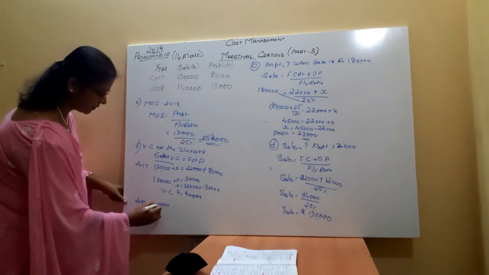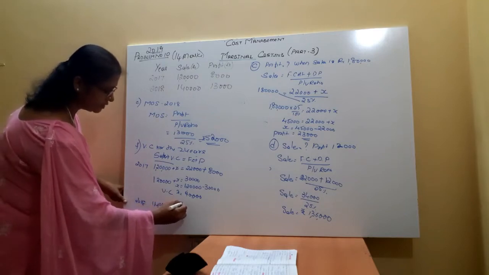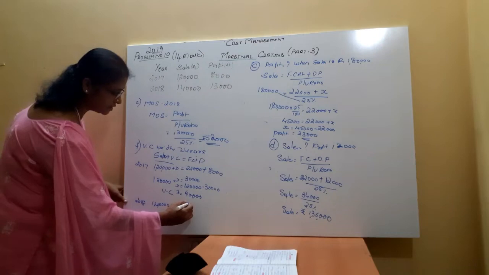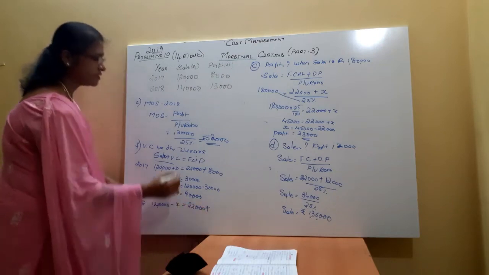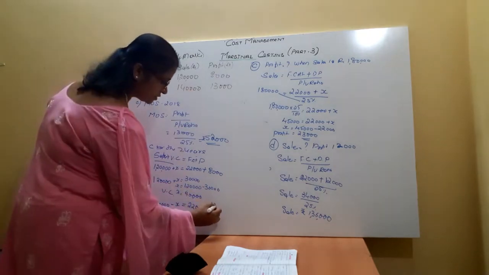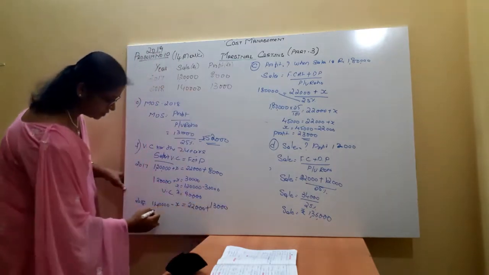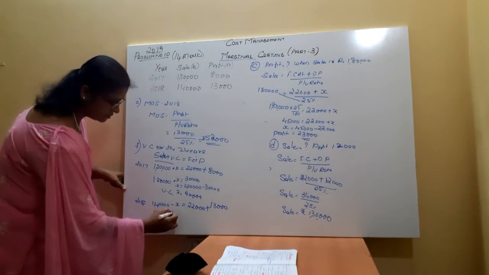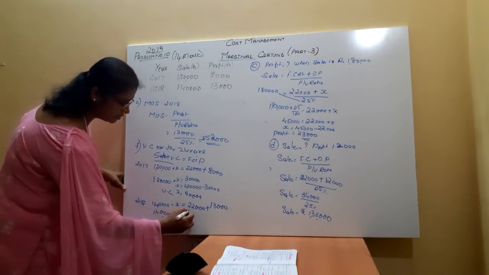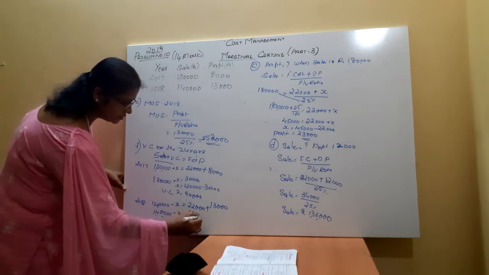1,40,000 minus X. Variable cost we need to find, so I have taken it as X. Fixed cost remains the same for both years, plus profit is 13,000. So here 1,40,000 minus X is equal to 35,000.